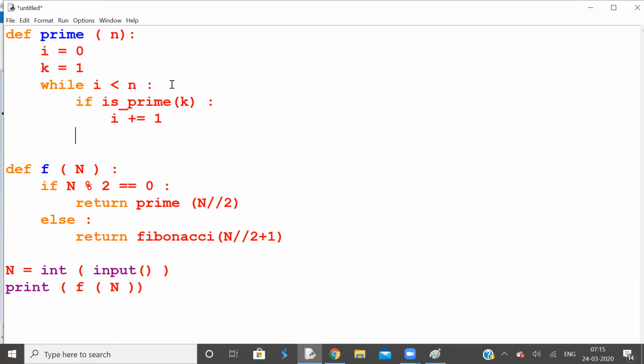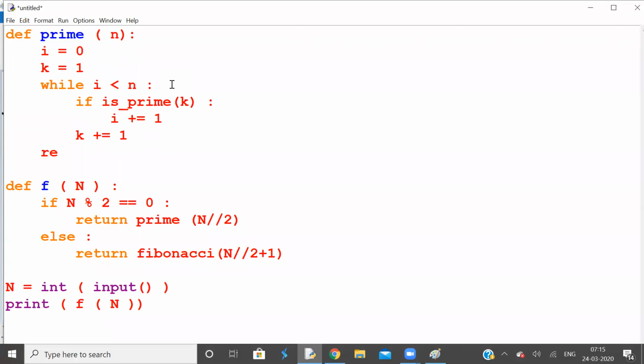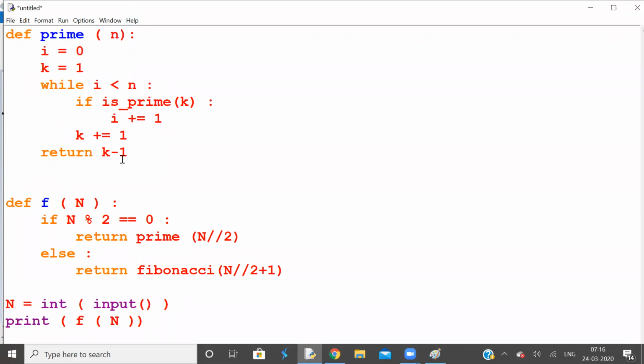And increment k by 1. Now return k minus 1, because after finding k as prime we are incrementing, so it should be the previous one.